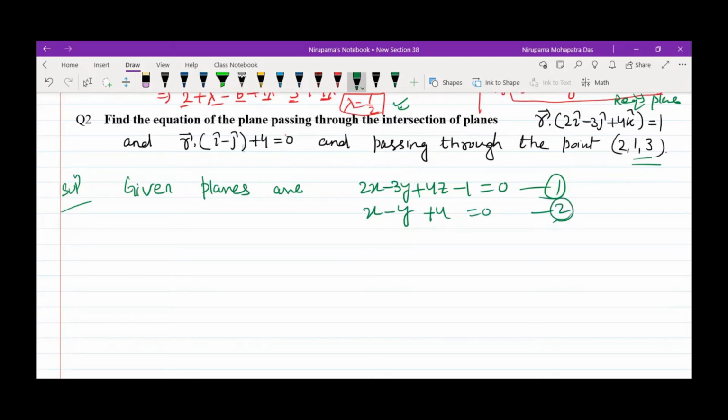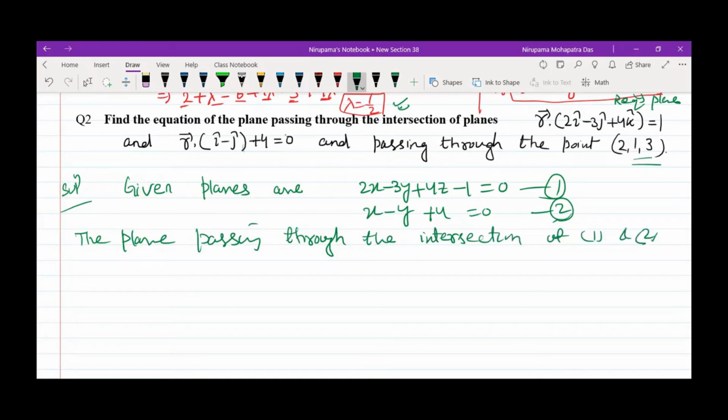So the plane passing through the intersection of planes 1 and 2 is given by P1 plus lambda into P2: 2x minus 3y plus 4z minus 1 plus lambda into (x minus y plus 4) equal to 0.